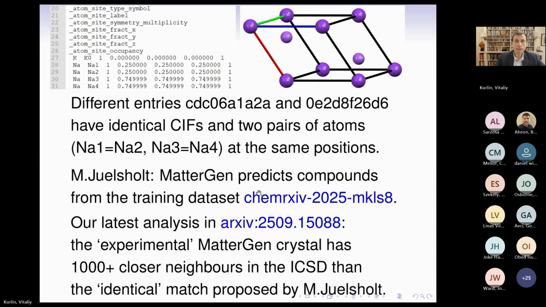result. This is probably the most striking example. Not only a pair of duplicates, but also, as you might notice in the screenshot of the CIF file, they have even duplicate atoms inside the CIF: 2 pairs at exactly the same position, identical. Right, I should finish soon.